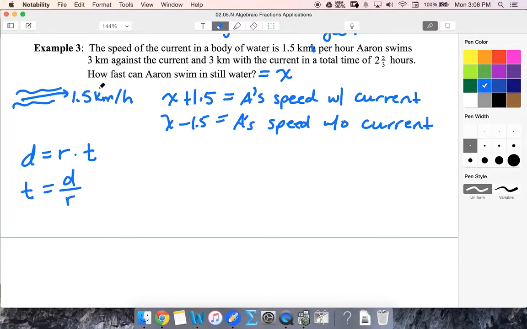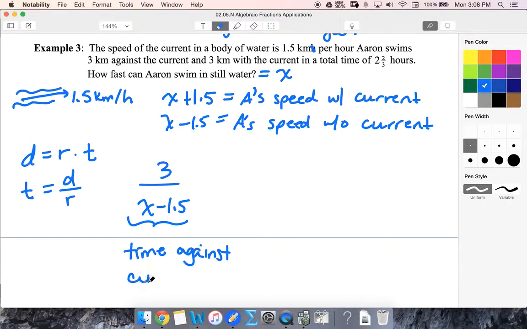So going against the current, we don't know how long that takes him, but we know he goes for 3 kilometers at a speed of x minus 1.5. So this is his time going against the current.